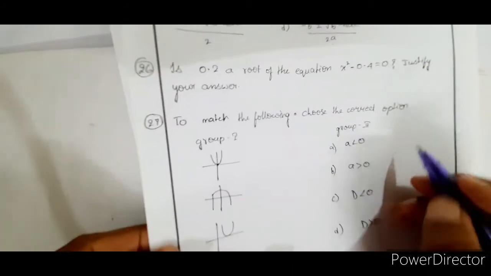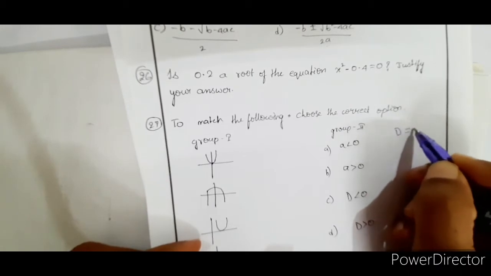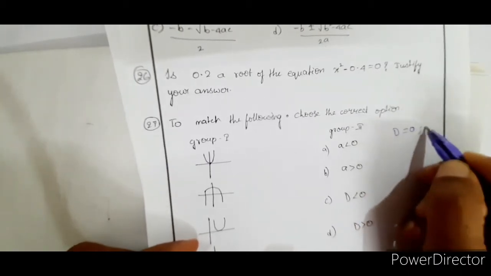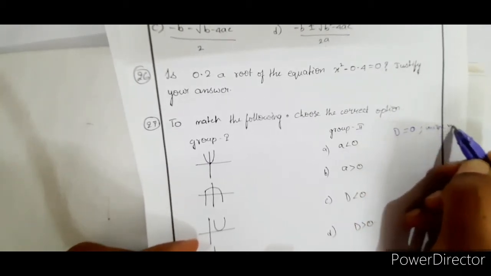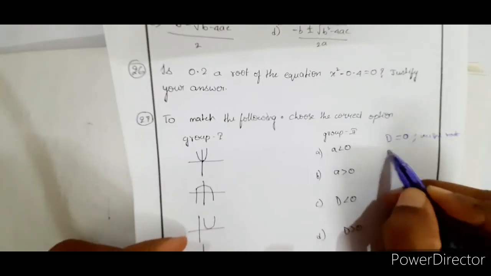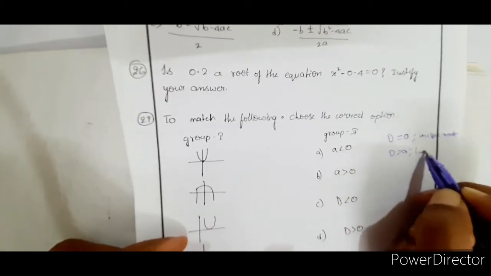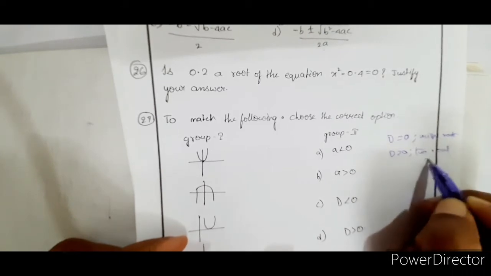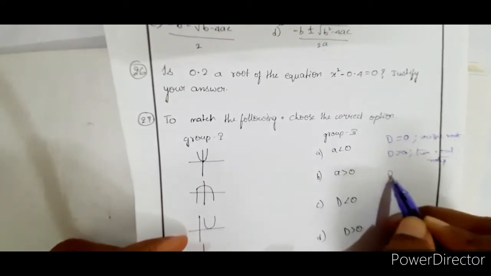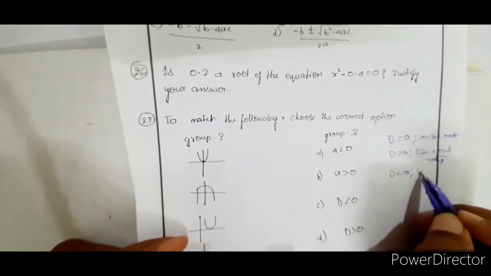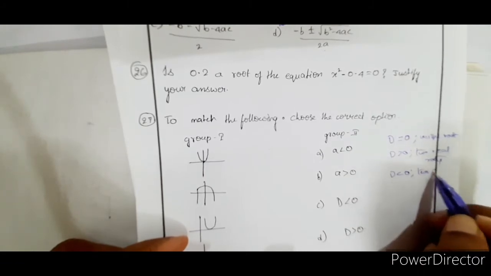I'll write the conditions here. D is equal to 0: unique root. D is greater than 0: 2 real roots. I am writing it repeatedly so that you will not get confused. D less than 0: 2 complex roots.